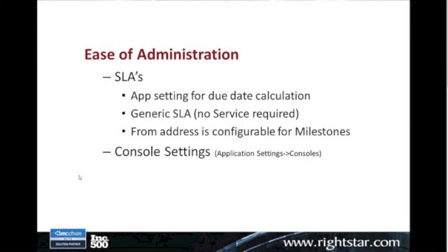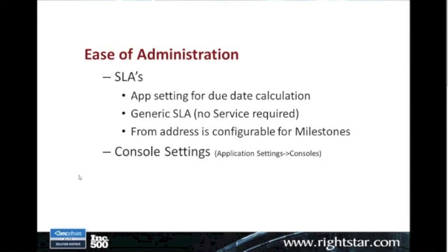So what the generic SLAs allow us to do now is define an SLA that can be applied to all records, or at least those records that are for services that maybe we haven't fully defined and fleshed out our SLAs for. So that's nice. In addition to that, we can configure milestones.